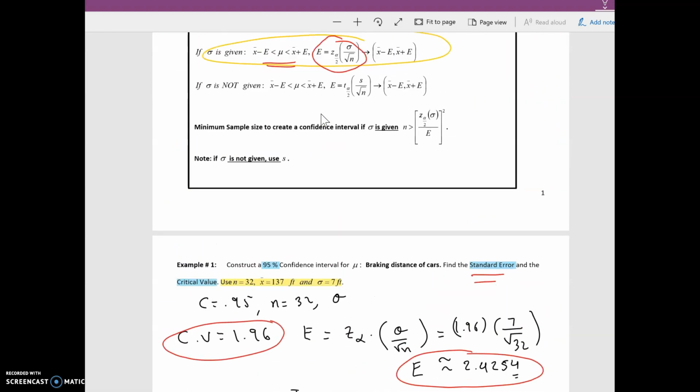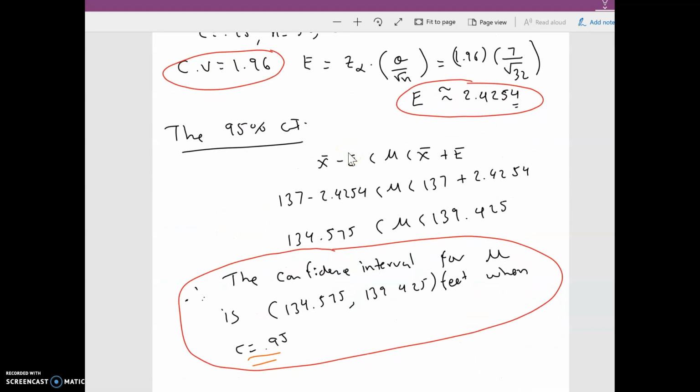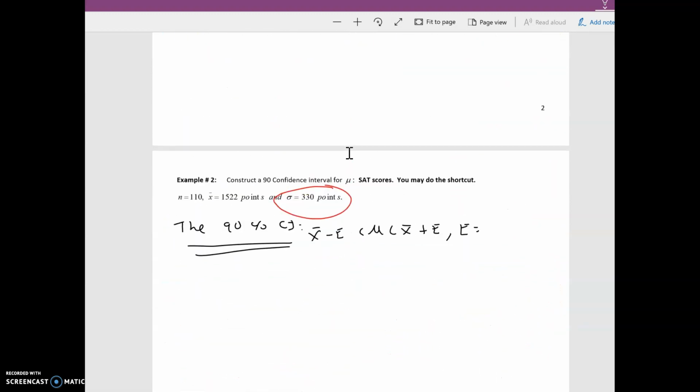So therefore, our formula is going to be this particular one, with this being our standard error. So you have to provide that. The formula is C of alpha times sigma over the square root of n. And let me show you the shortcut if you're going to evaluate these with the calculator.